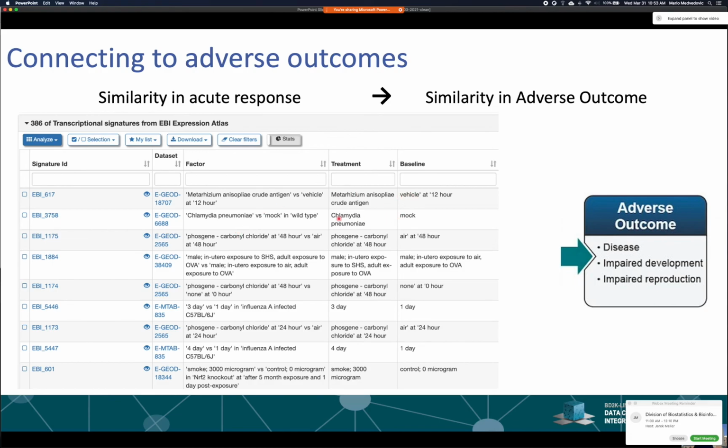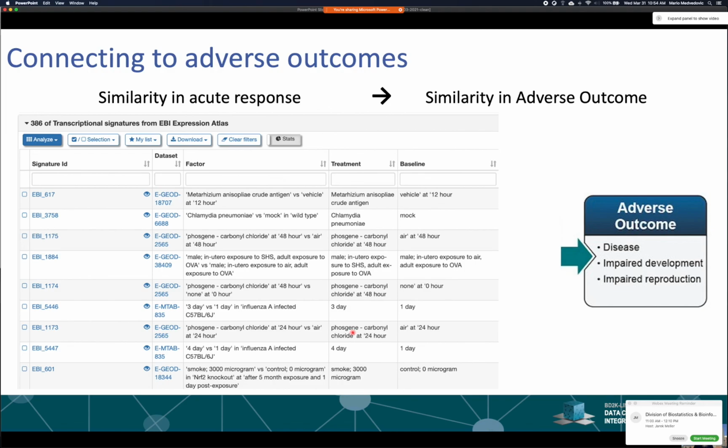If you look at the most positively correlated signatures here and how they are created, we can see that they are all related to some kind of inflammation induction. For example, the effect of the FOS gene in the mouse lungs, and these all turned out to be mouse lung experiments. So the effect of the FOS gene in this acute response is similar, in terms of transcriptional signature, to the effect of this nanomaterial.